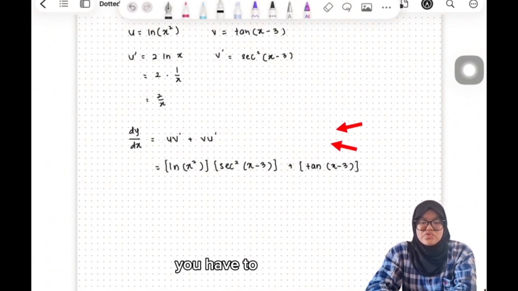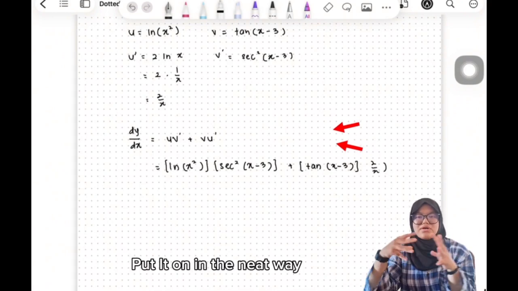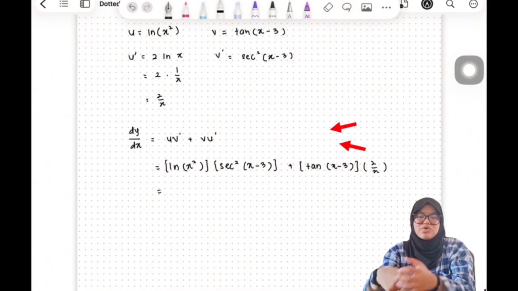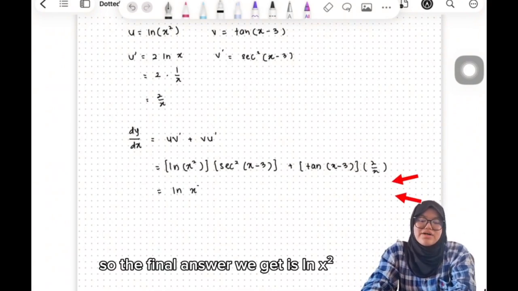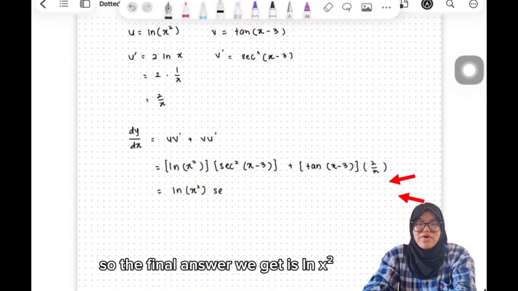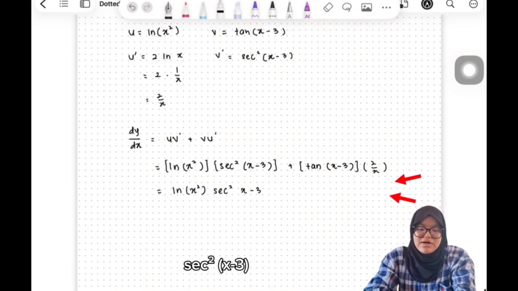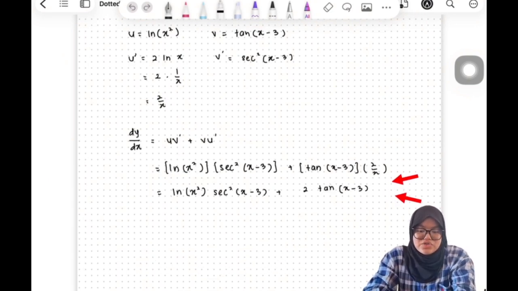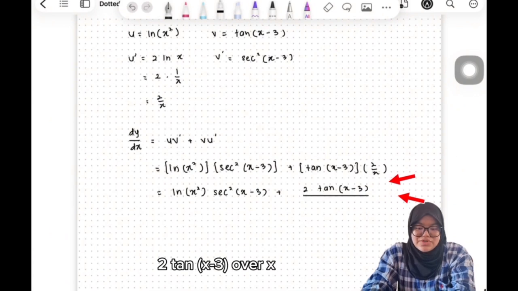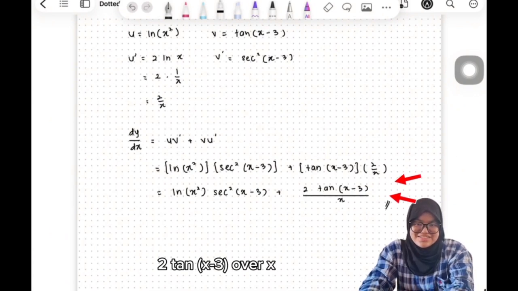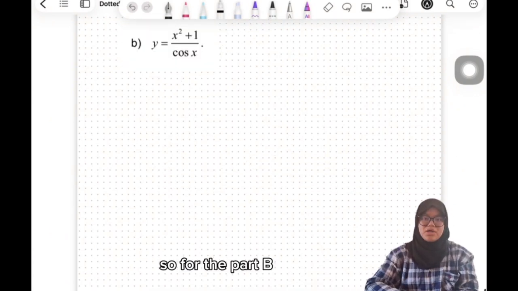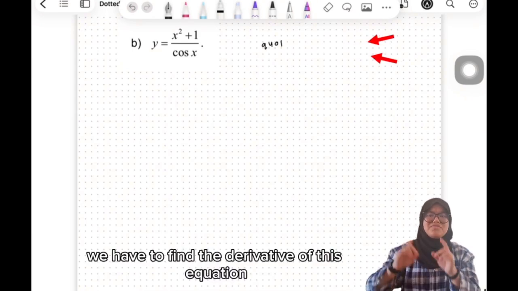So the final answer we get is ln x squared sec squared (x minus 3) plus 2 tan(x minus 3) over x.